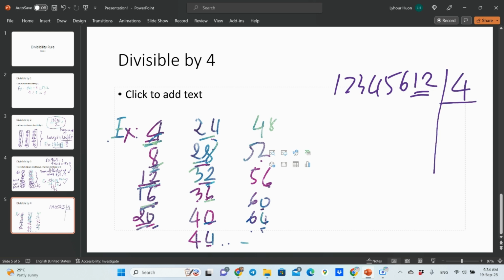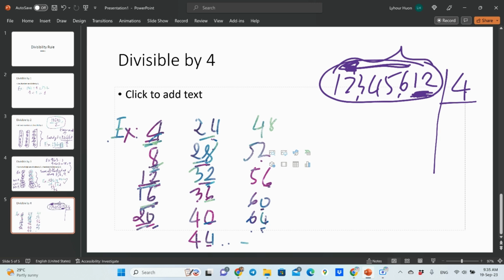So we don't care whatever happened before that. It can be like 12 million something, it's a large number. So whatever happened before, we only care about the last two digit number. If these last two digit number can be divisible by 4, then this whole number can be divided by 4.